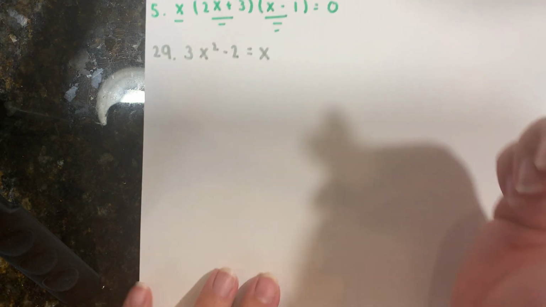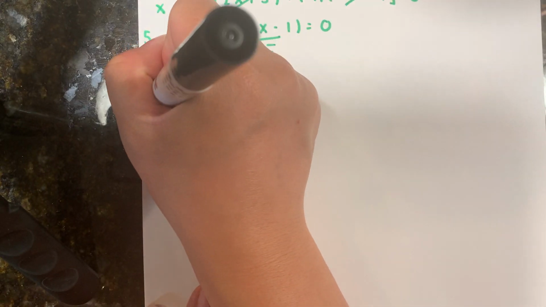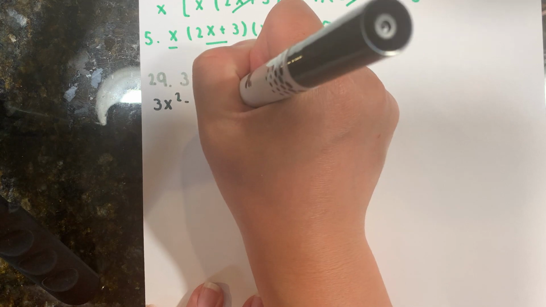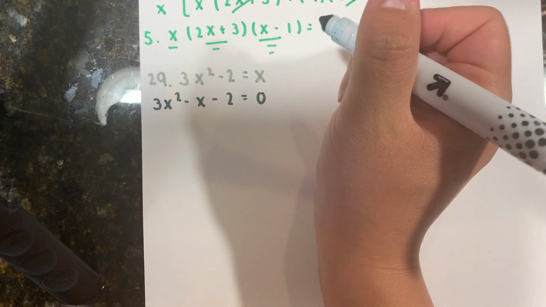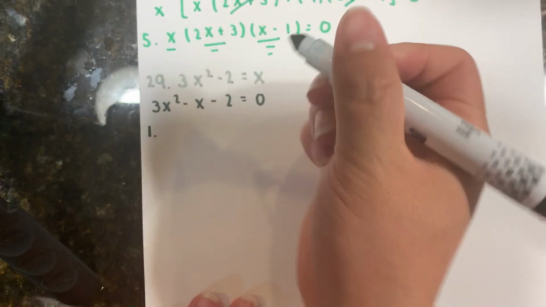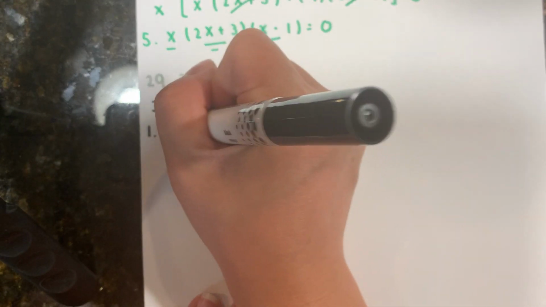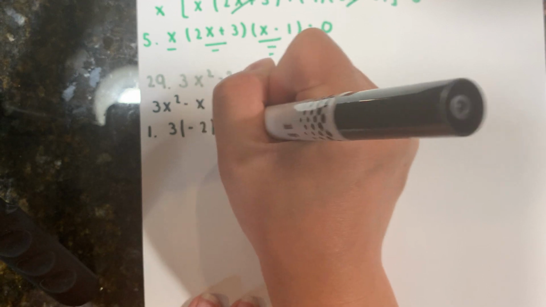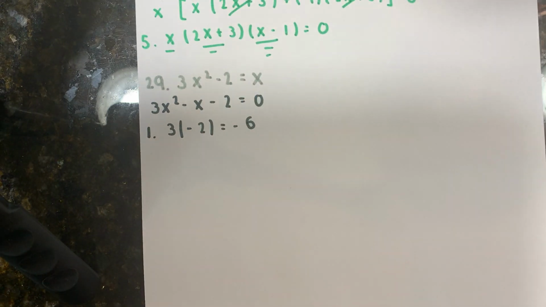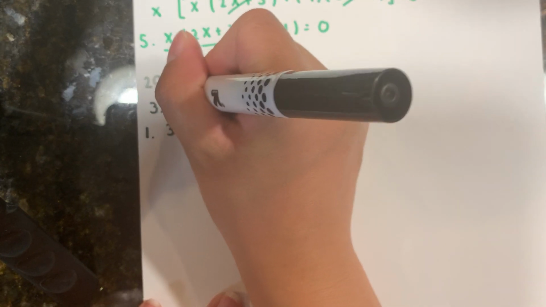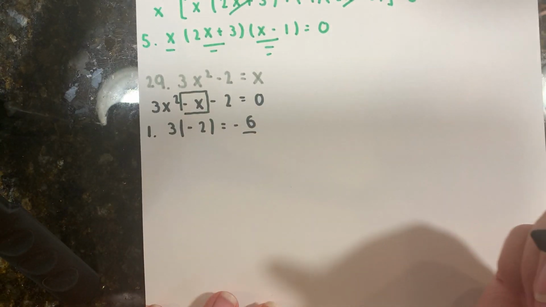Number 29, I'm going to start by moving the x to the other side, giving me 3x squared minus x minus 2 equals 0. I'm going to multiply the first term times the last term, so 3 times negative 2 gives me negative 6. I have to find two numbers that multiply to give me negative 6, but add up to give me negative 1.